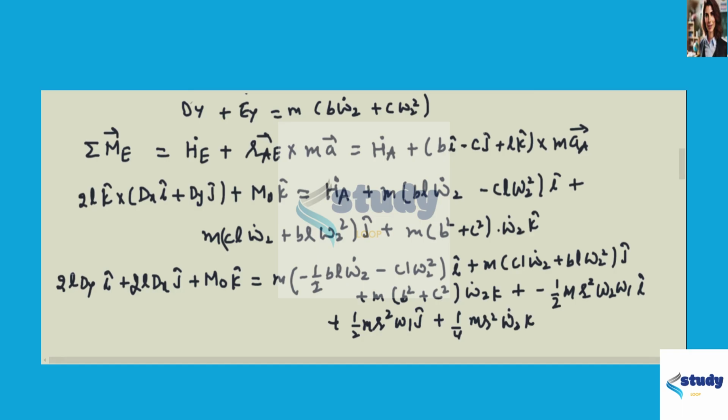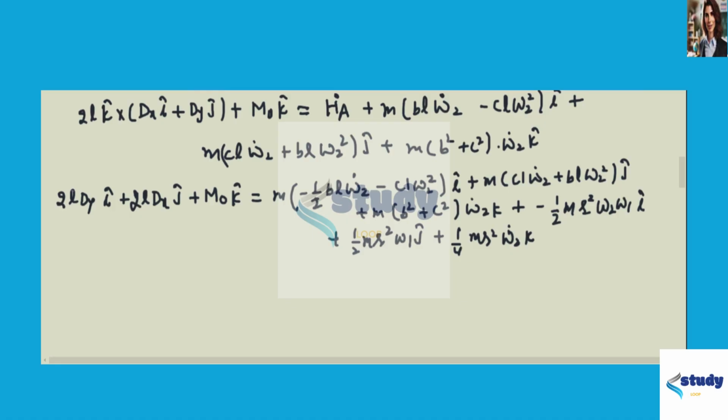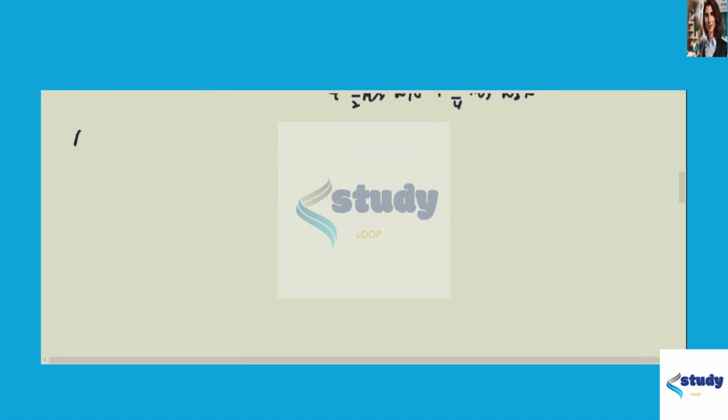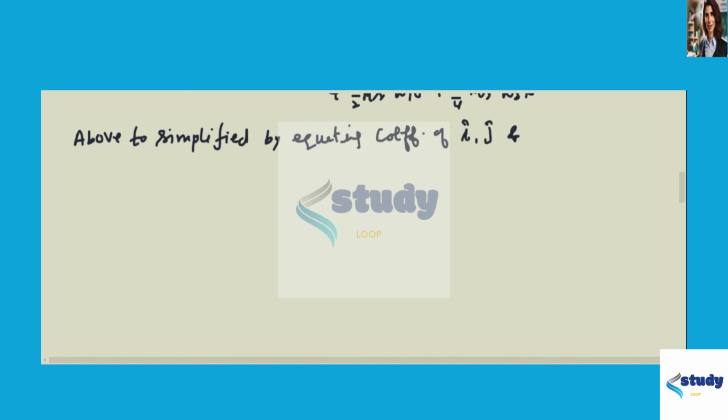Now on simplifying this equation and equating it to the above equation, by equating coefficients of I cap, J cap and K cap, finally we can write M O to be M R square by 4 plus v square plus c square rate of change of omega 2. Say equation number 4.